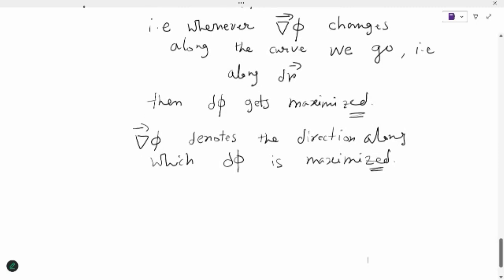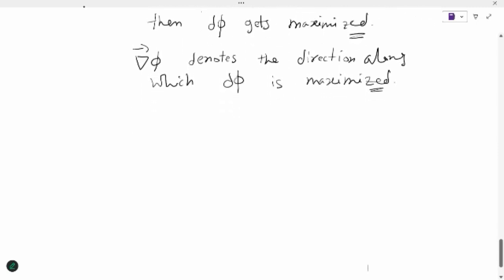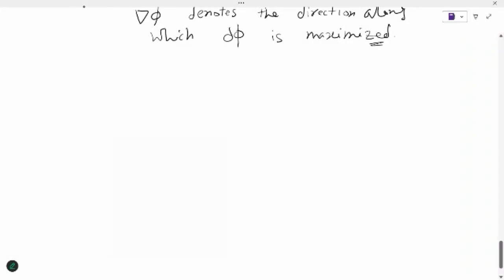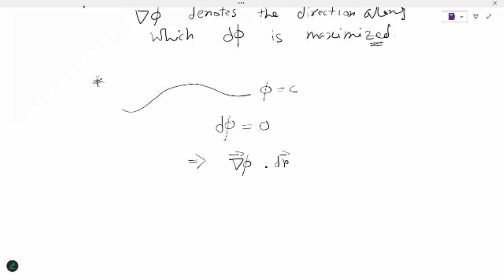Now another point here: for a certain surface, let's suppose phi equals constant, we have d phi, that is change in phi, would be 0. That implies grad phi dot dr becomes 0.